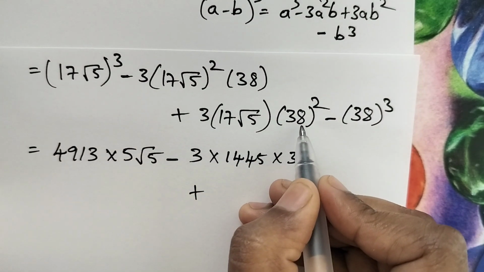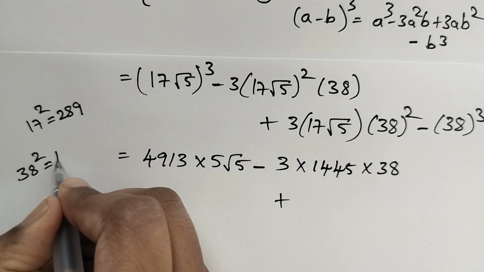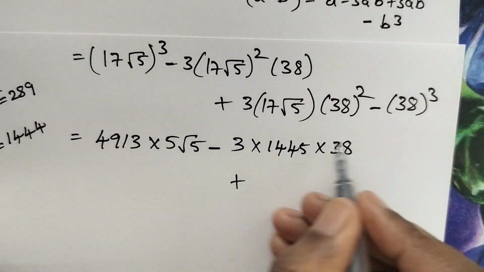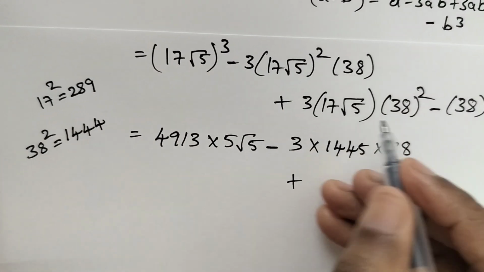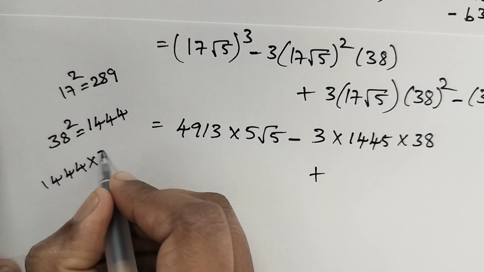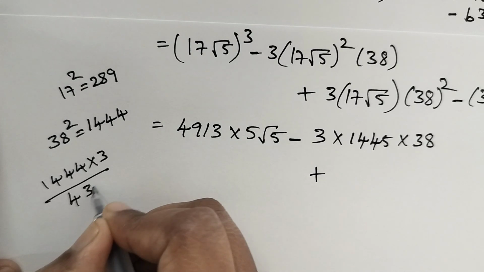So here 38 square is equal to 1444. So now 38 square is 1444, and 1444 times 3 is equal to 4332.